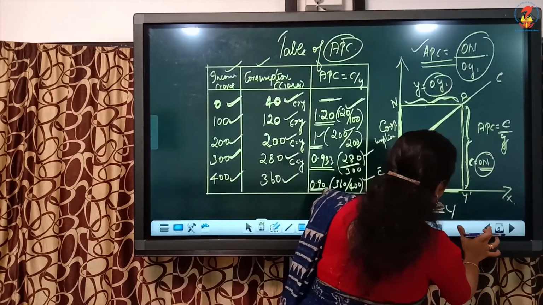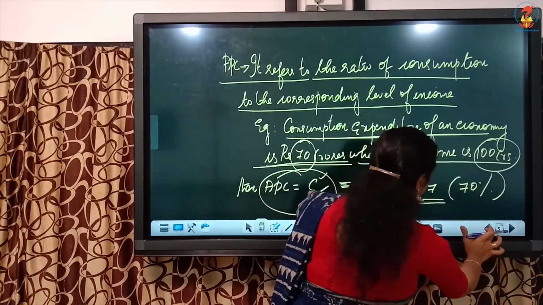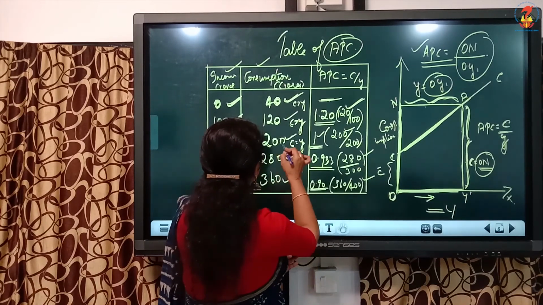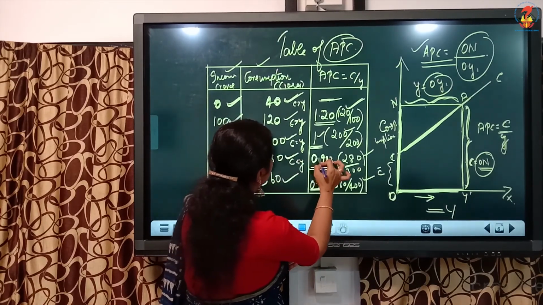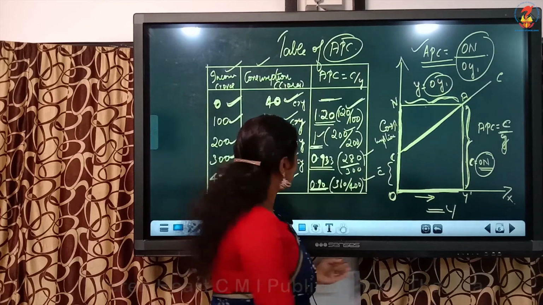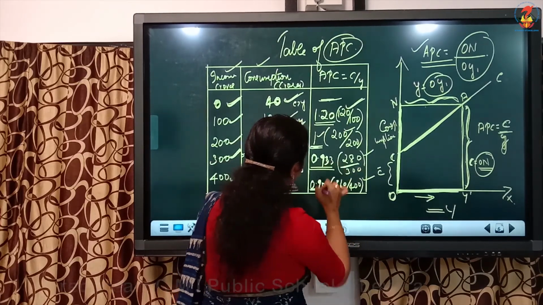So similar examples I can give you. In the example you can find APC as 0.933 and APC as 0.90. We can make that example very clear. When the income increases from 300 to 400, what is happening to our APC? Our APC is declining from 0.933 to 0.90.